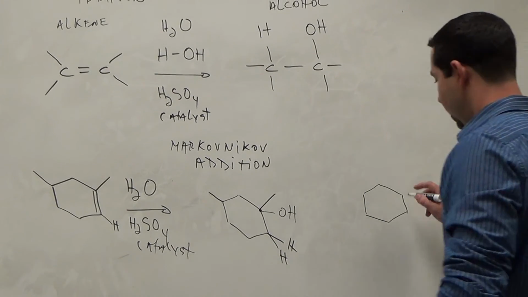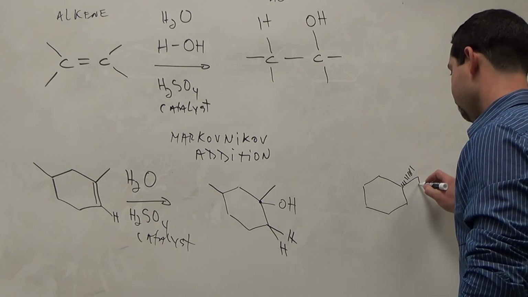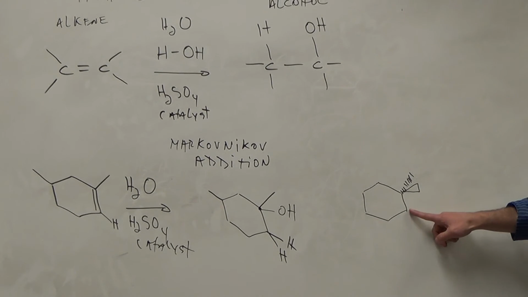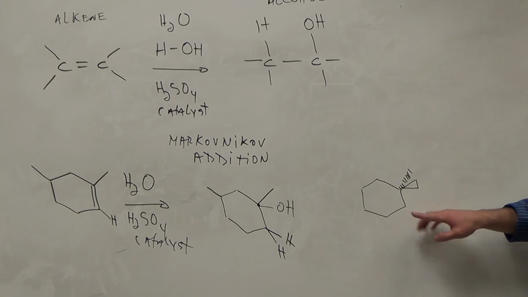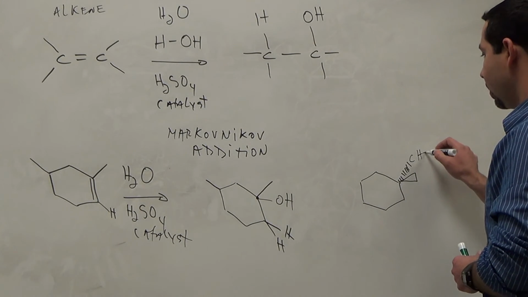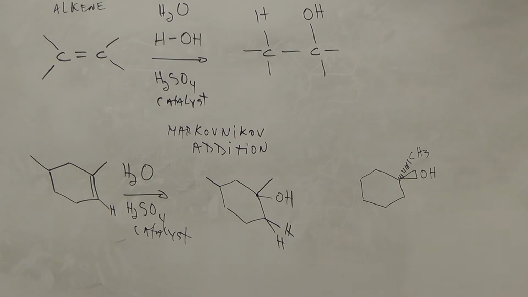I'm going to draw that. The hydrogens here don't make a difference, so I didn't draw them. On one side you're going to have the CH3, and on the other side you're going to have the OH.